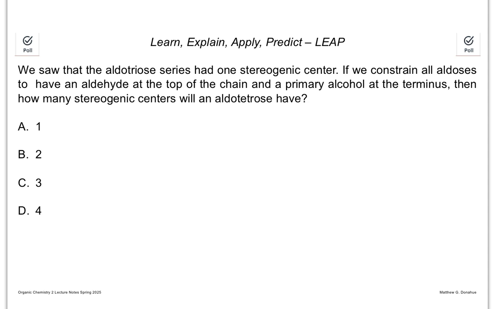So if we think about moving from a triose to a tetrose, how many stereogenic centers does an aldotetrose have? So carbons 2 and 3 will be stereogenic centers.